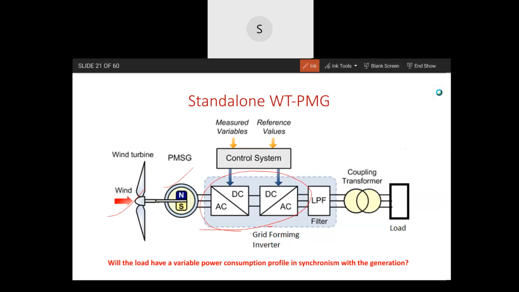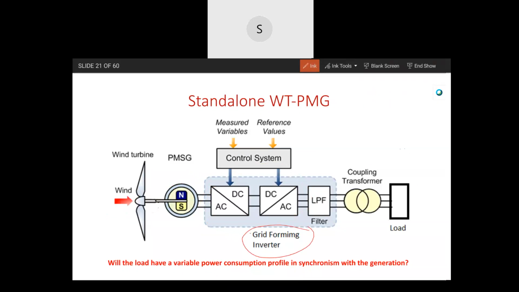A different shaft speed means a different voltage and different frequency. So it has to be a variable voltage, variable frequency operation. So you need to rectify it and then have an inverter. So this inverter has to be a grid forming inverter. Inverters are grid tied inverters and grid forming inverters.